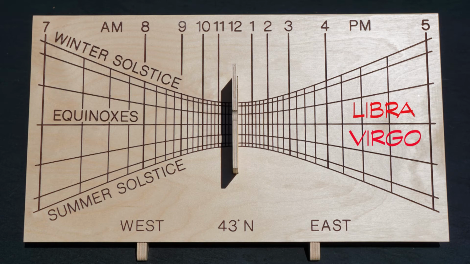The signs of the zodiac reflect the changes we observe in the night sky as the Earth rotates around the sun. Each of the 12 signs corresponds to a 30-degree segment of longitude along that path.